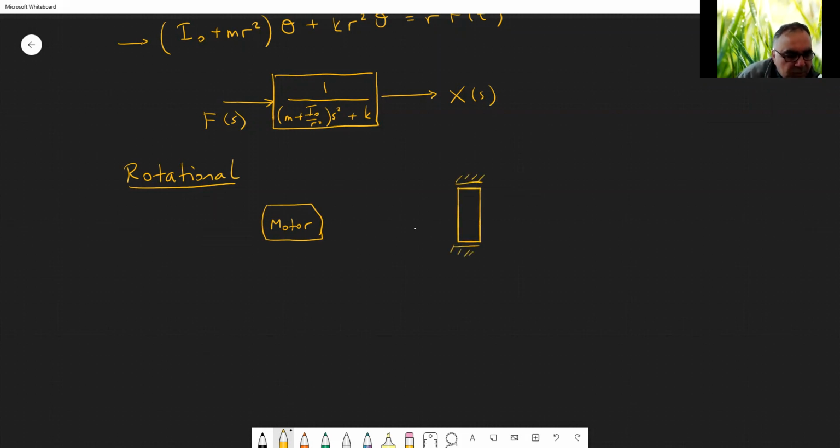And let's say that this inertia is in a bearing. And here you have a long and not so thick shaft.